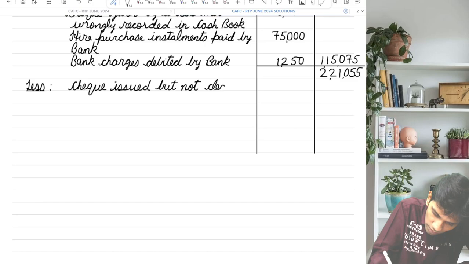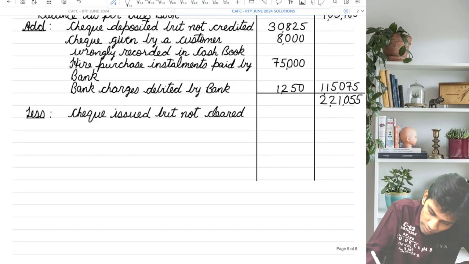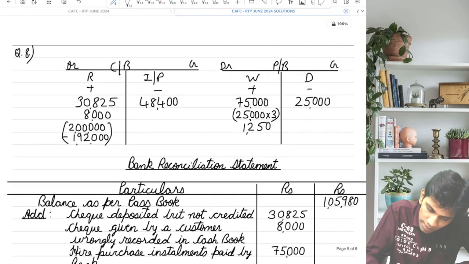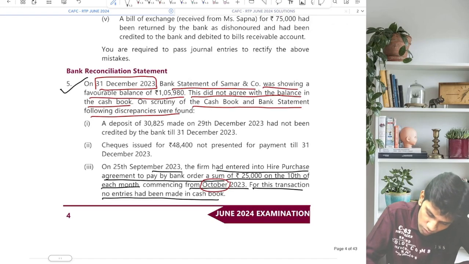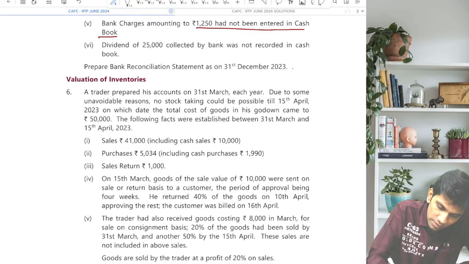Check issued but not cleared. What is that amount? 48,400. And 25,000, one more minus amount. Dividend collected by the bank.